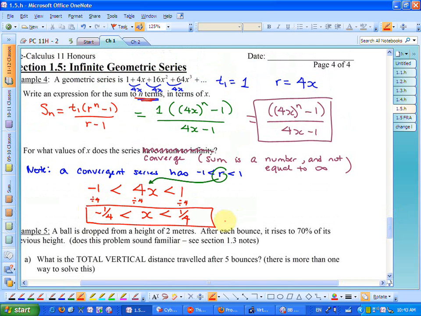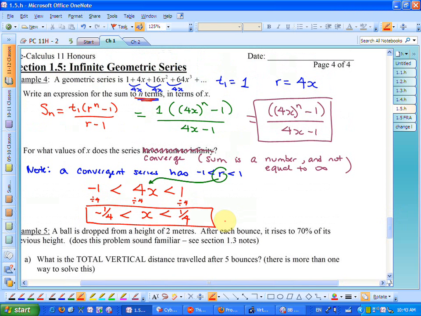Done. Yes, Megan. So negative 1 over 4. But if it's equal to, let's think what happens. If it's equal to, you plug in x, that becomes 1, right? 4 times 1 over 4 is 1. Agreed? Oh, negative 1 over 4, sorry. So that'd be negative 1. And this would become positive 1. This will become negative 1.